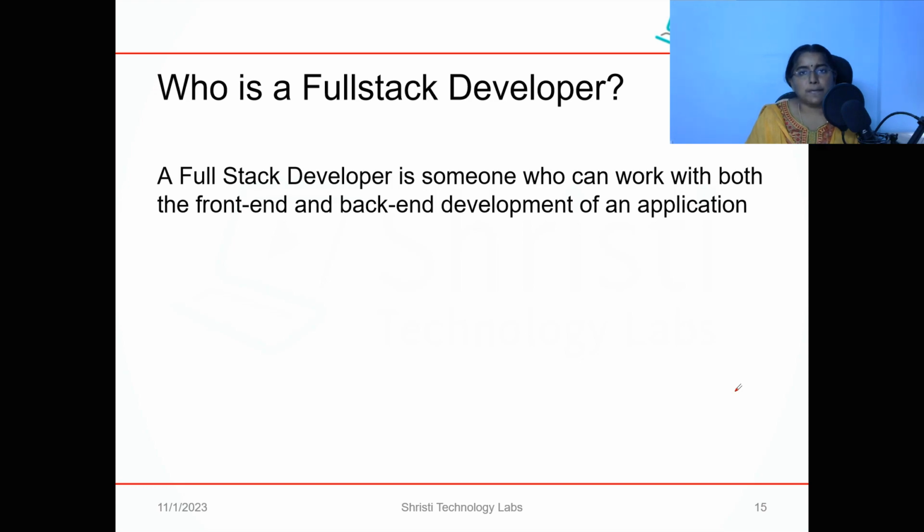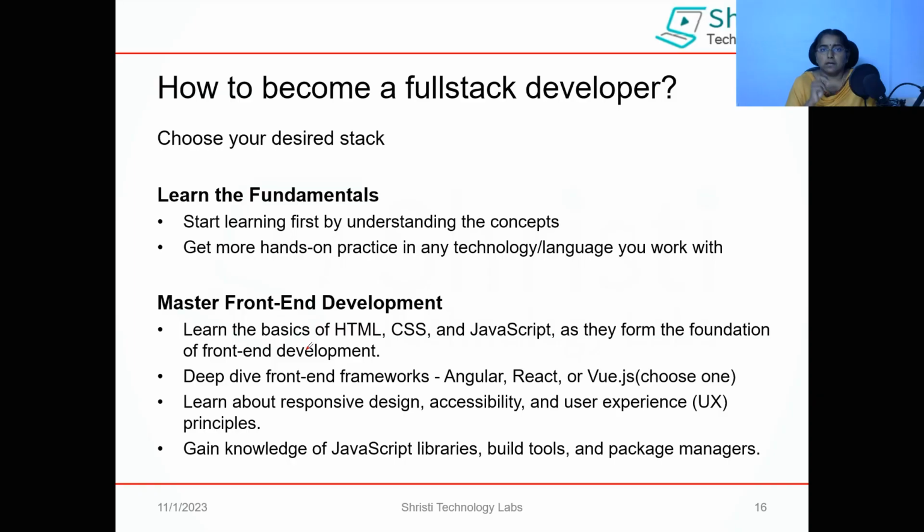Who is a full stack developer now? A full stack developer is someone who can work in both the front end and back end part of the application. Now that you have understood the tech stack that is used for full stack development and the different types of full stack development, let us see how to become a full stack developer. That is, what are the steps that you need to take to become a full stack developer.